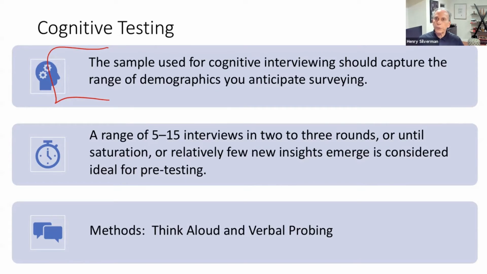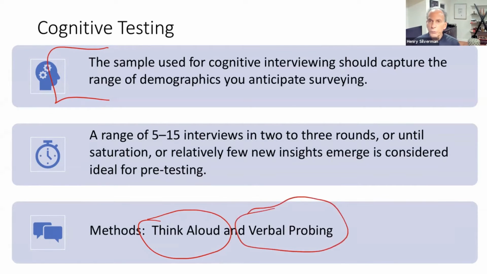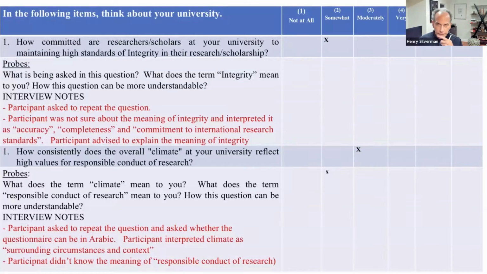As for the methods one could use to assess how the participants are thinking about the question, one is think aloud, where you ask the participants to verbalize their thinking process as they answer the question, or you could do what's called verbal probing.